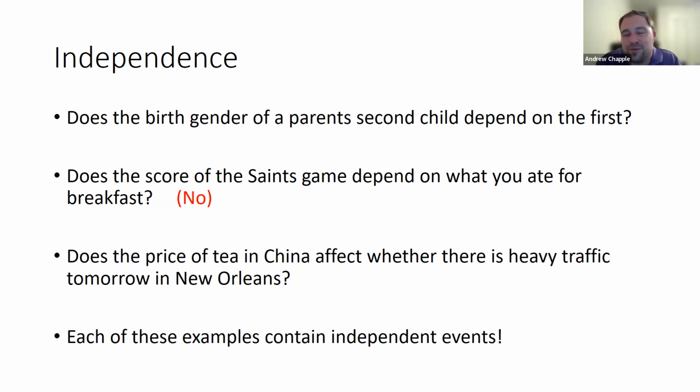It doesn't know about those events. Does the price of tea in China affect whether there's heavy traffic tomorrow in New Orleans? No, it doesn't. Each of these examples contains independent events. So the score of the Saints game does not depend on where you sit on your couch or what you ate for breakfast.